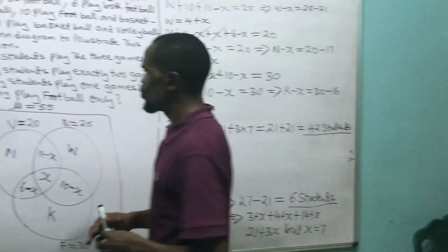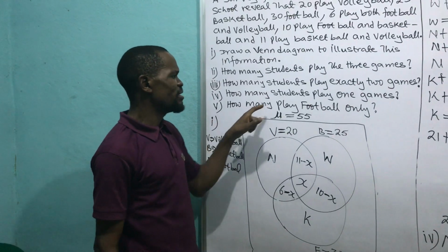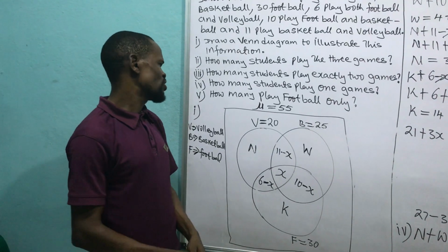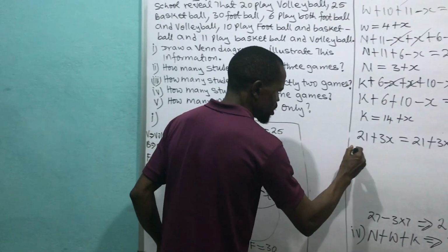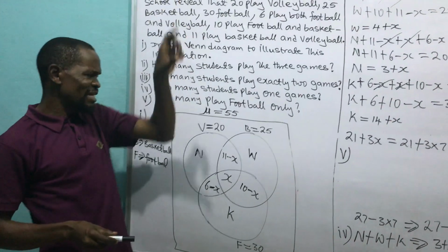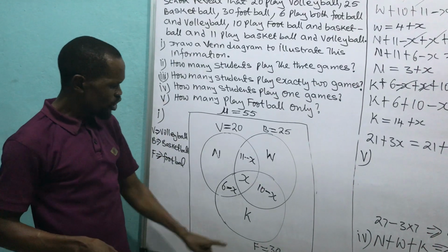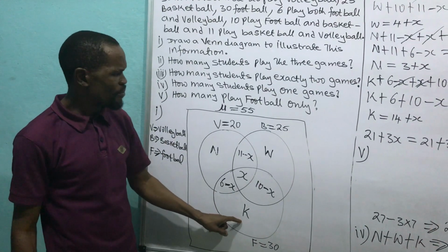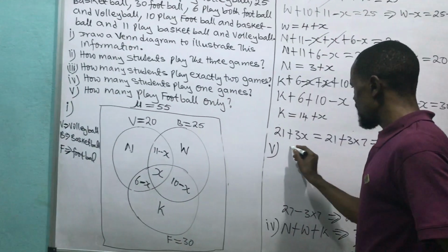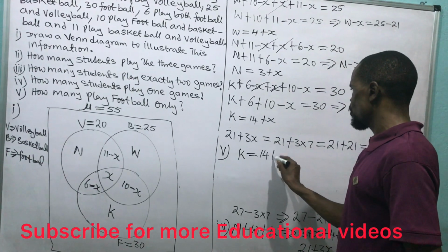Then I come to V. Question number V says, how many play football only? Football only. That's not a hard question. It's a cheap question for us, which we have already learned in the format we did in our first video. We know that the people that play only football is K. Only football is my K, and K is 14 plus x.